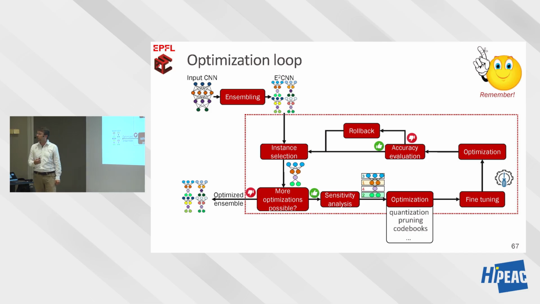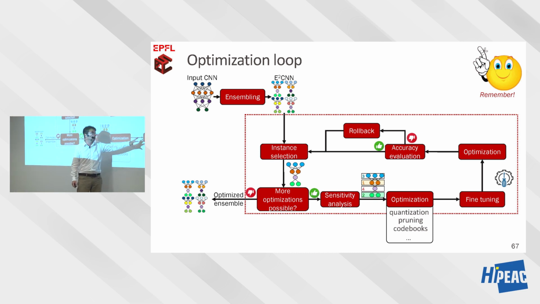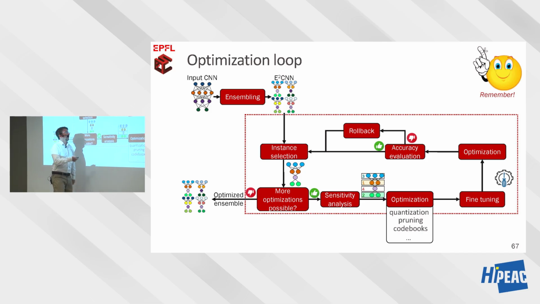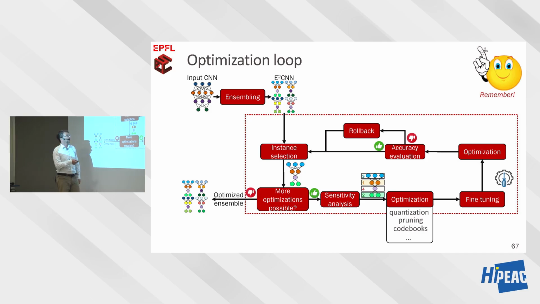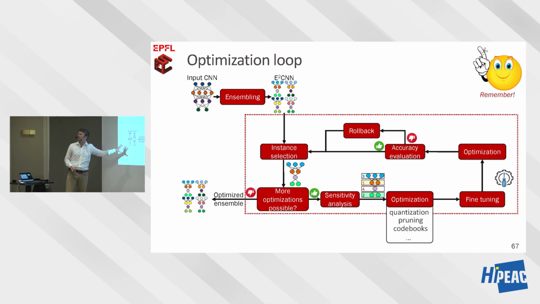We will see many different ways of doing that. Once we do our optimization, we have perturbed our instance, so we can do some fine-tuning to try to recover accuracy from this perturbation, and then we measure if our accuracy is good enough. If it is good enough, we accept the optimization. If it is not good enough, we just roll back and pick another instance or another layer of the same instance. When there are no more optimization moves possible, we are done and we have our optimized ensembles.